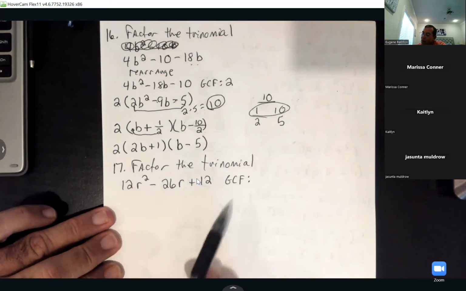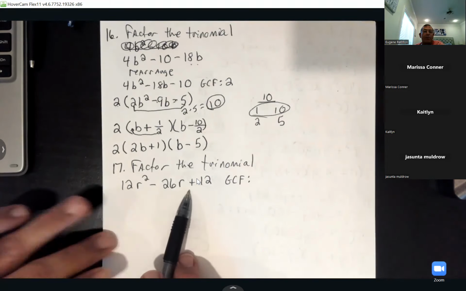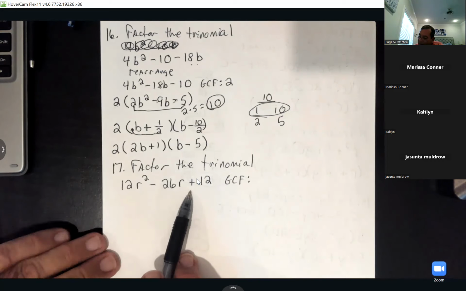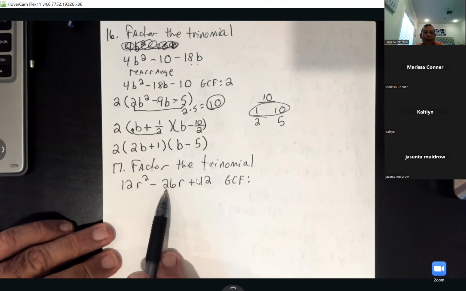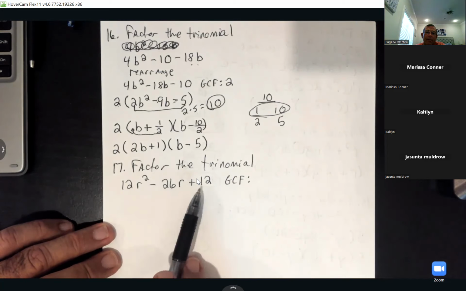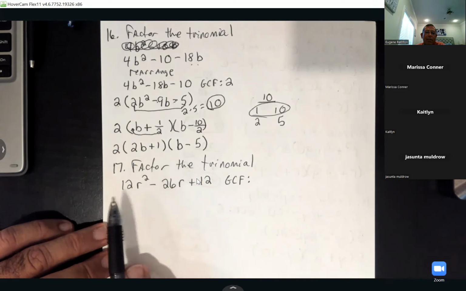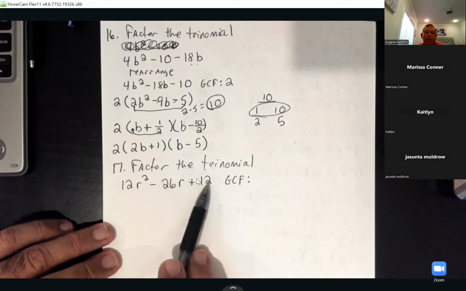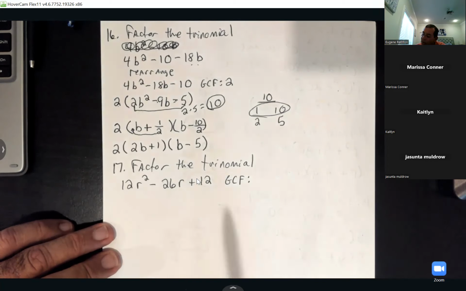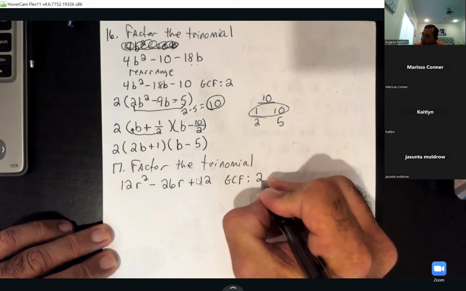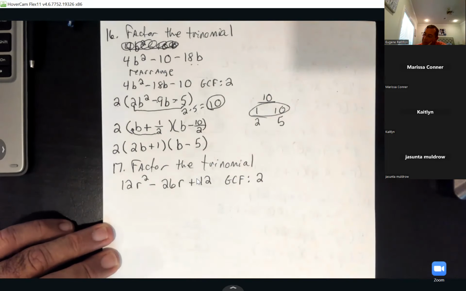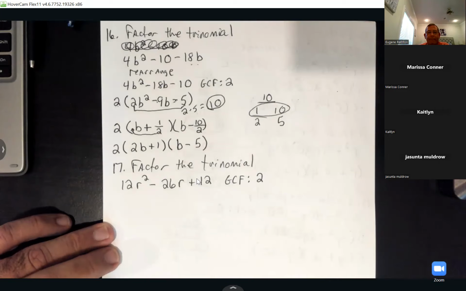So let's see. I know I can get a 2 out of all these. So I'm just going to see if I can't get nothing bigger. 4, but not that. And 26 won't divide by 4. 6s won't go into 26. I think that's it. So I think the only GCF I can factor out is that 2, okay? So here we go.